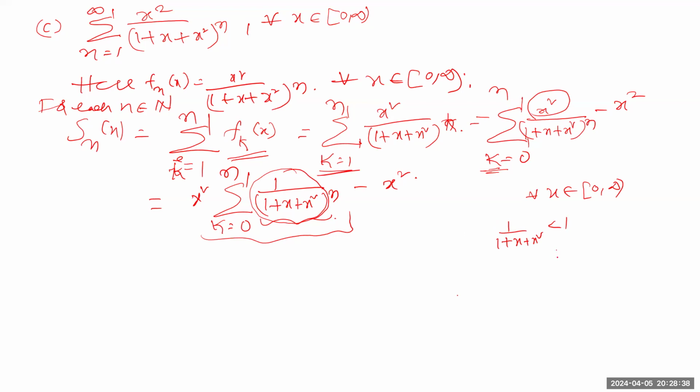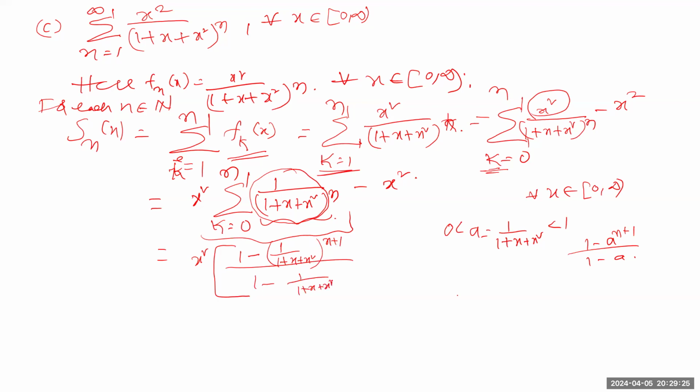Let us say this is a: the sum is (1 minus a to the power of n plus 1) over (1 minus a). Since a lies between 0 and 1, this equals x square times (1 minus 1 over (1 plus x square) to the power of n plus 1) over (1 minus 1 over (1 plus x square)), and again minus x square. Then we have to simplify.